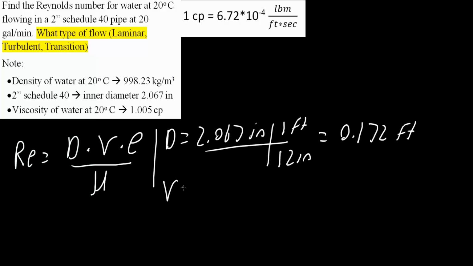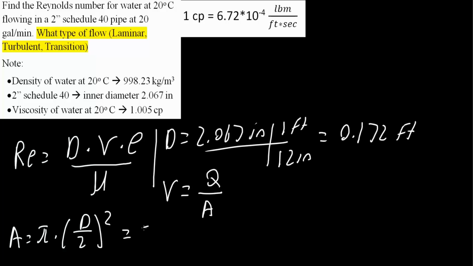Next, we will determine flow velocity. The flow velocity is equal to the flow rate divided by the flow area. Q stands for the flow rate, A is the flow area. A for a pipe will be pi times D divided by 2, squared.